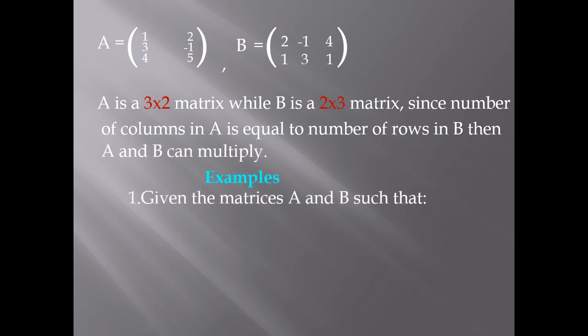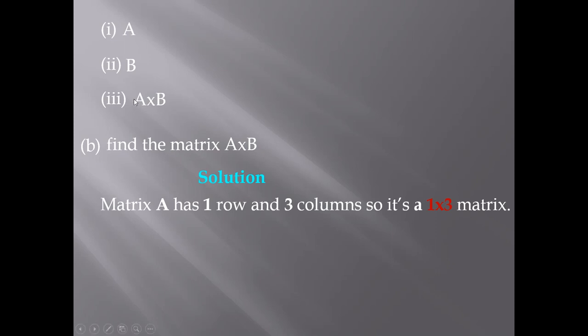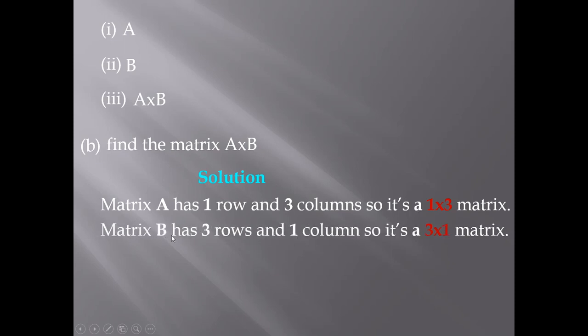Can we now take some examples? We have the matrices A and then B. So the first question, we want the order of A. Find out how many rows are in matrix A. Matrix A has 1 row and 3 columns. So it is a 1 by 3 matrix. Matrix B has 3 rows and 1 column. So it is a 3 by 1 matrix.